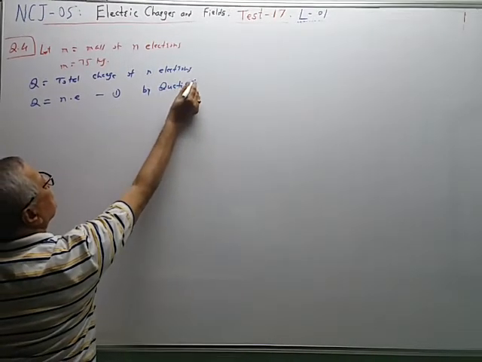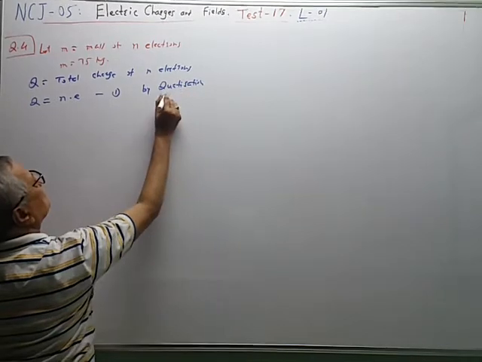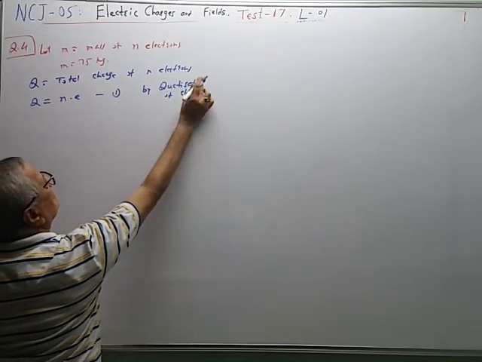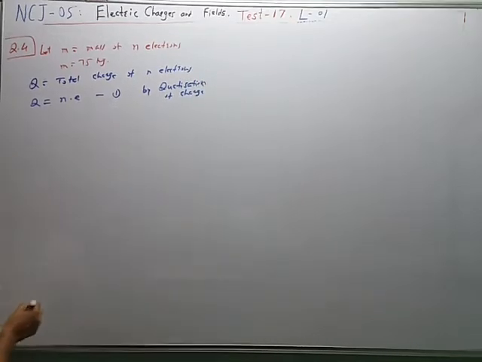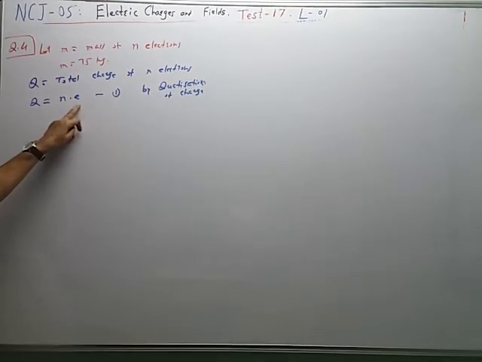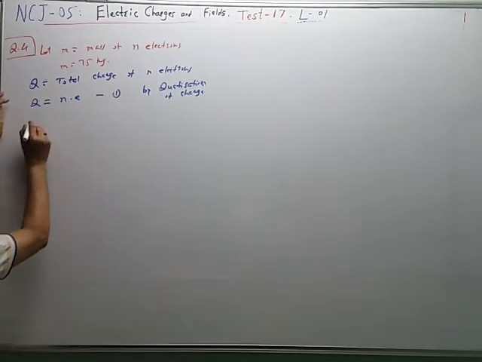We know this equation: the total charge present on any body is equal to an integer multiple multiplied by e. Now here we have to find n.